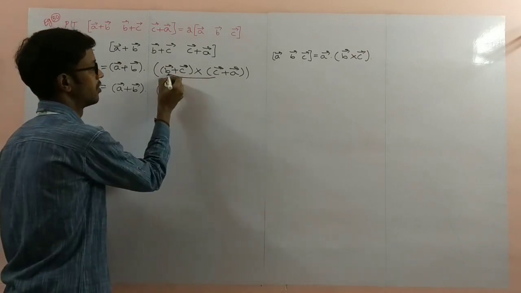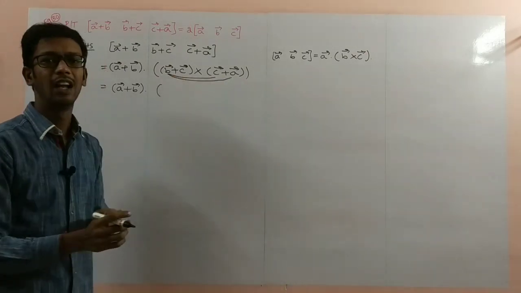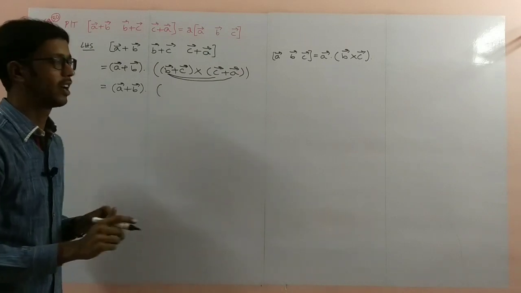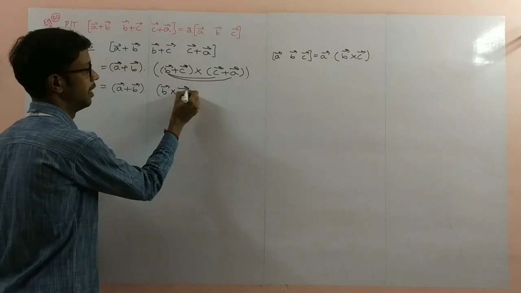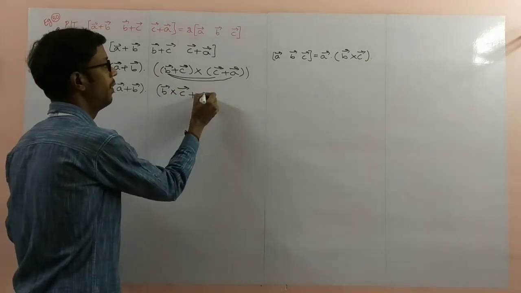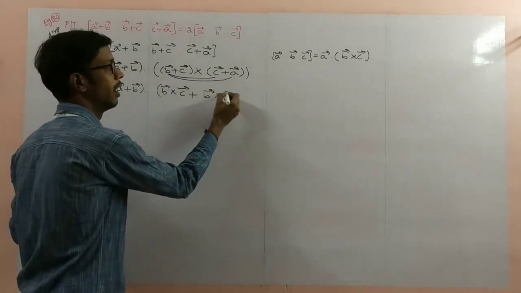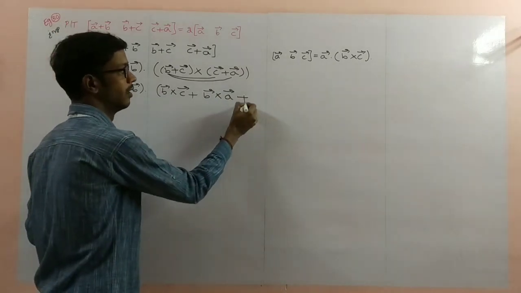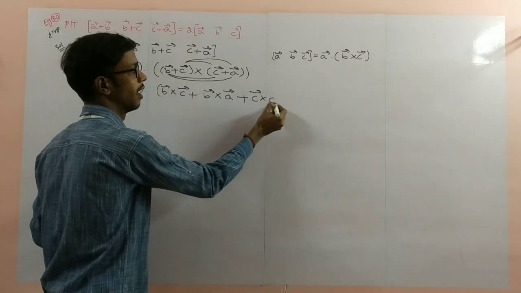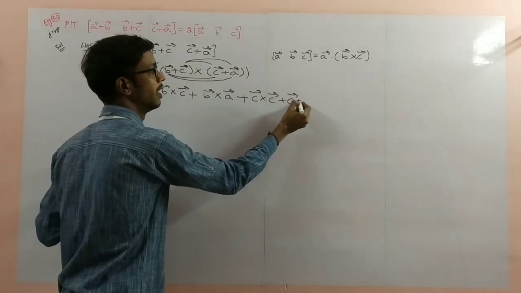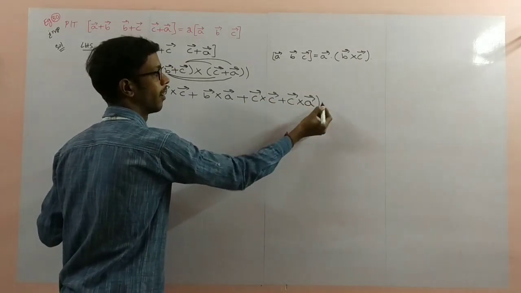Just multiplication, first one and second one. B bar cross C bar plus B bar cross A bar. Next, C bar cross C bar plus C bar cross A bar.